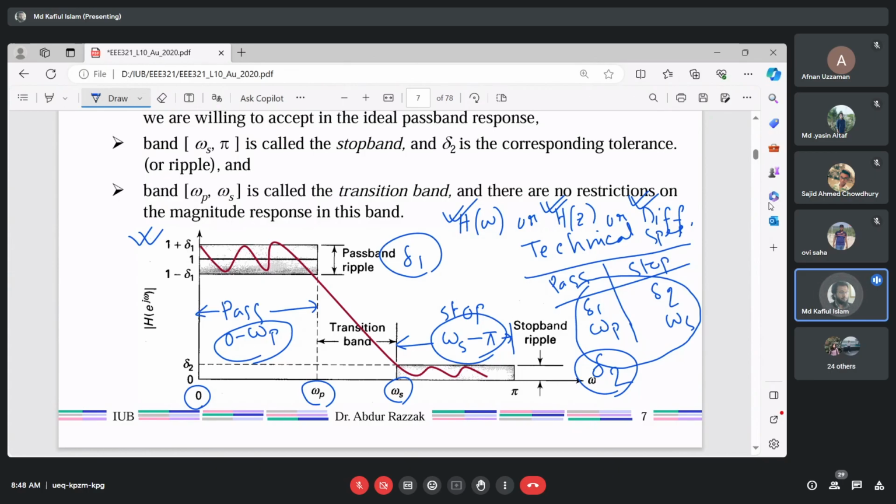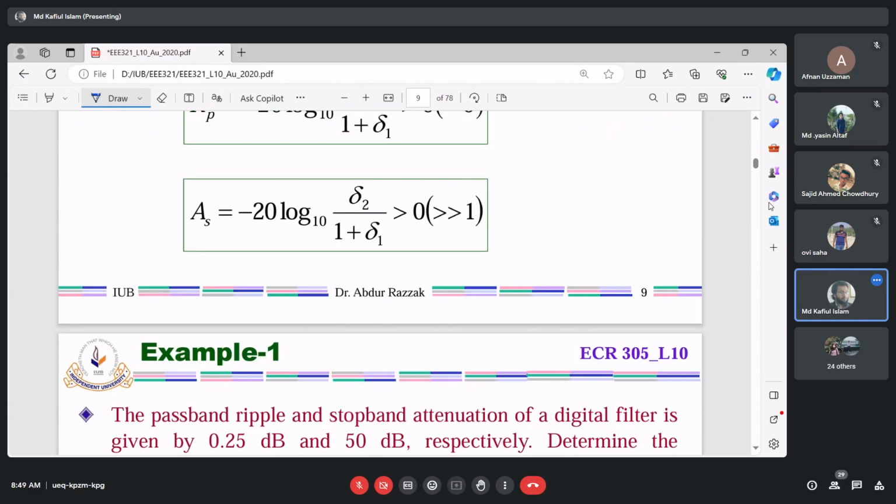But that is not as simple as that. So it's your job to find out the required technical specification, and then based on that, you design the filter. And then finally, once you design the filter, you have to do the validation or performance evaluation of your filter, to see whether your designed filter actually met the criteria of the required specifications. So there are steps.